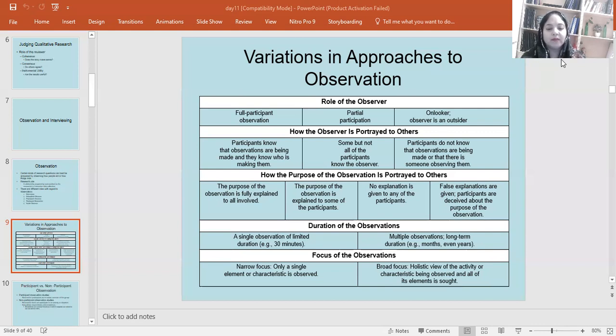For example, if I want to explore the factors related to the pedagogical competencies among the teachers, and this is one of my students' topics of research. So, what will I observe?